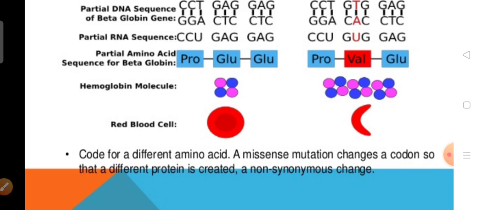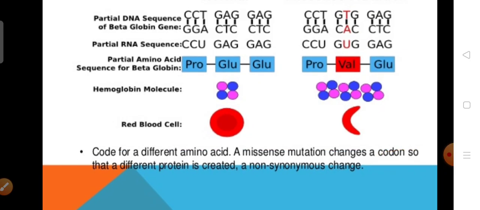So a small mutation, a missense mutation, changes a codon so that a different protein is created. If a different protein is created having a single amino acid change, it can have a very drastic effect like that of sickle cell. A single amino acid change can cause sickle cell anemia in a patient, and that is transmitted from generation to generation.